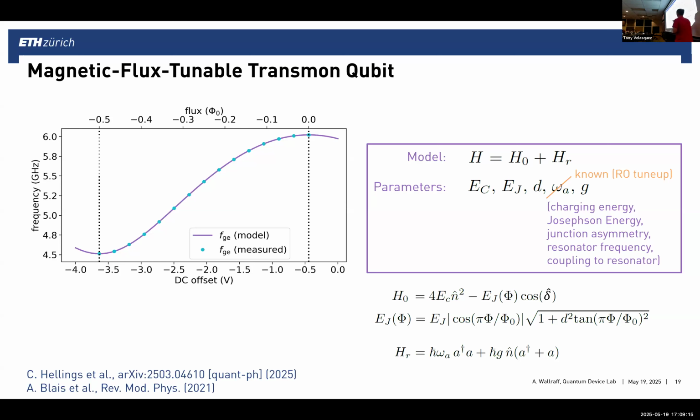And for coherence of the transmon qubits, it's good to have some asymmetry in your junctions so that the transition frequency doesn't drop off to 0 if you're close to this flux one-half bias. So that allows you to get better phase coherence in your transmon qubits.